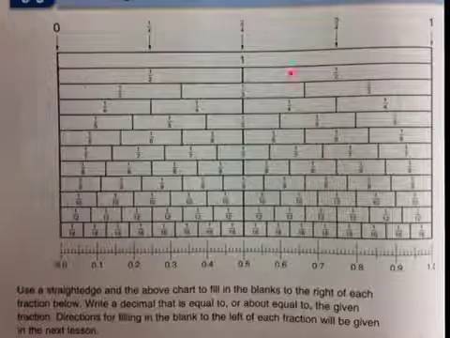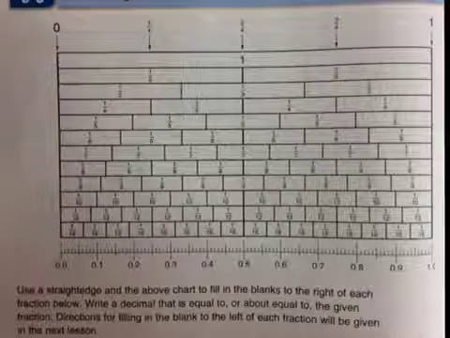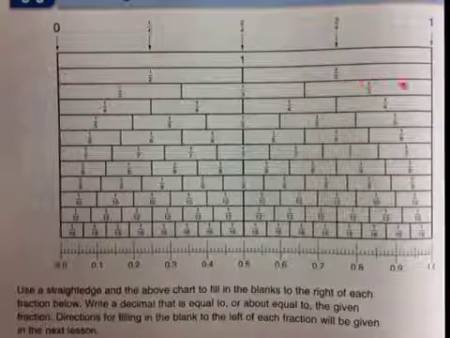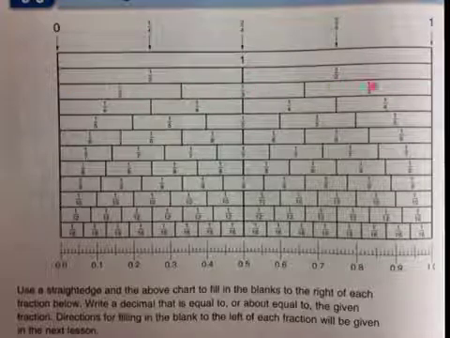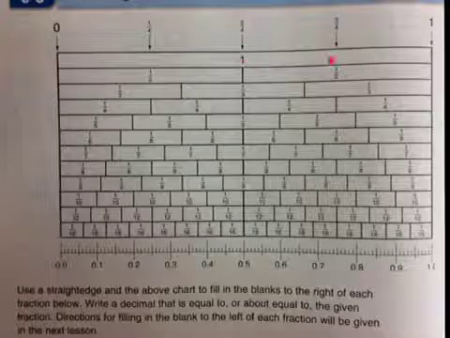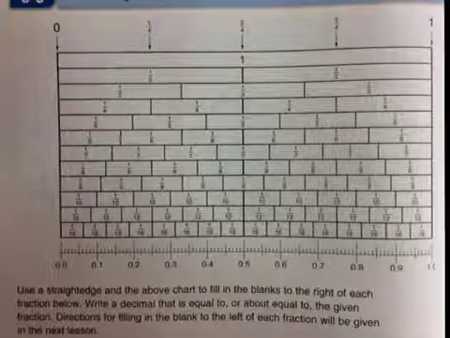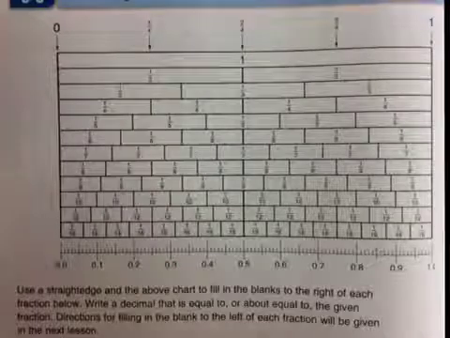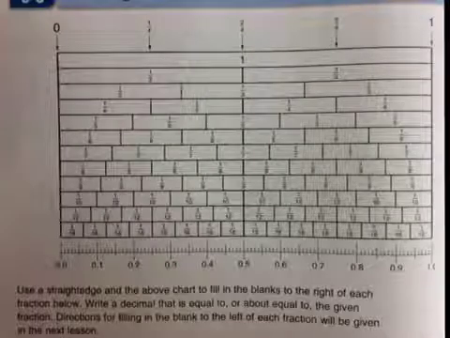So we have a half and another half. And then we're going to break it up again into thirds. 1, 2, and 3. 1/3, another third, and another third. Then we're going to take this whole 1 and break it up into quarters. 1/4.